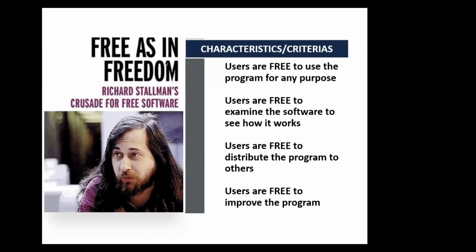More precisely, it refers to 4 kinds of freedom for the users of the software. With free software, the users are free to use the program for any purpose. The users are free to examine the software to see how it works. The users are also free to distribute the program to others. And lastly, users are free to improve the program.